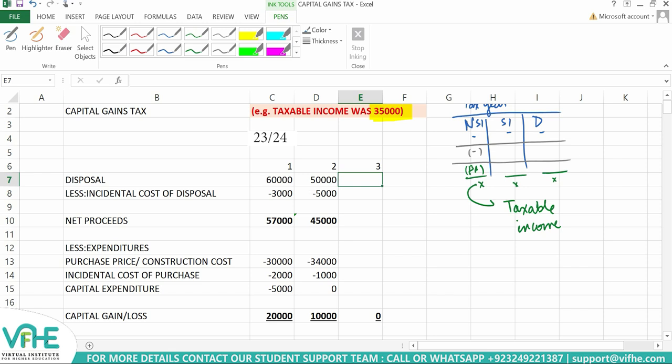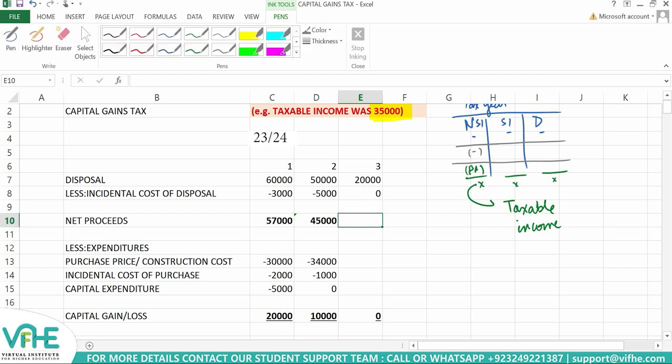Now, this person has sold another chargeable asset in the same tax year as well, which has to be computed right now, because all the disposals made in the same tax year are to be computed. But see, I am doing the calculation one by one. All assets' gain or loss figures are going to be calculated separately. So I'm just going to start with the third asset. The third asset is, let's suppose, his furniture, and it's been sold for £20,000, and he did not have to incur any incidental cost at the point of disposal.